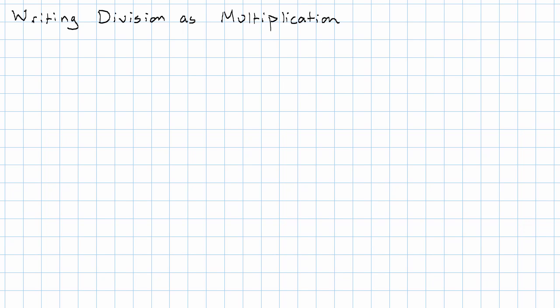Once we had negative numbers available, we had a method for rewriting subtraction as addition. Now that we have fractions available, we also have a method for rewriting division as multiplication.